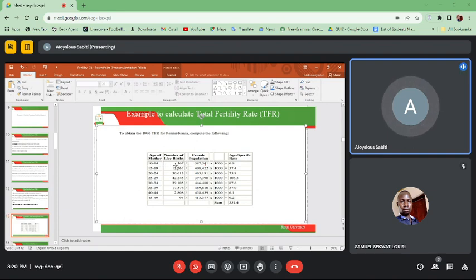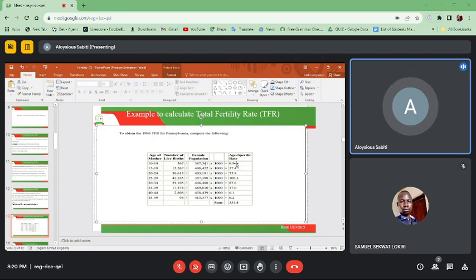However, it is always expected that there are fewer births at the beginning of the age range, but also at the end, because these are people who are starting or ending their reproductive ages. So you can see their population, and also their age-specific rate. So you can see this is a rate per 1,000, meaning the possibility of a person being able to conceive.